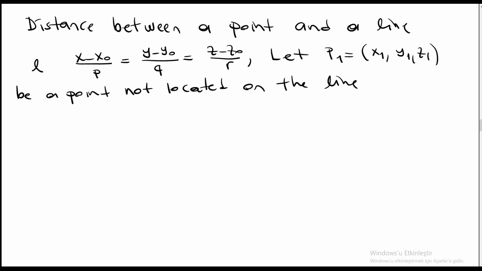So there is a point here, and we are trying to find this distance. Distance means the shortest distance we mean.